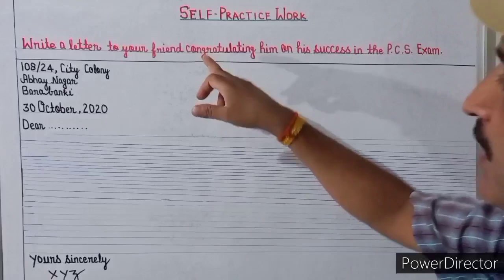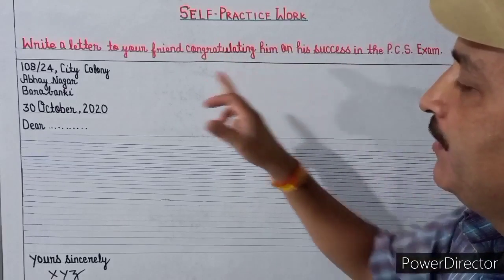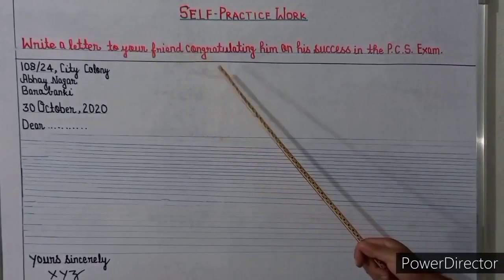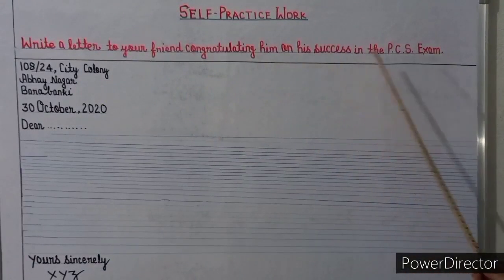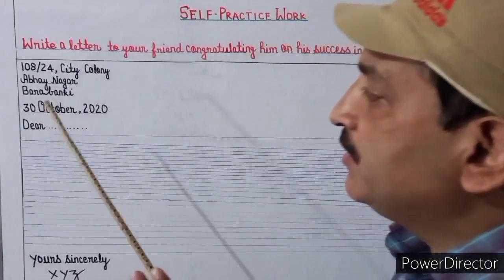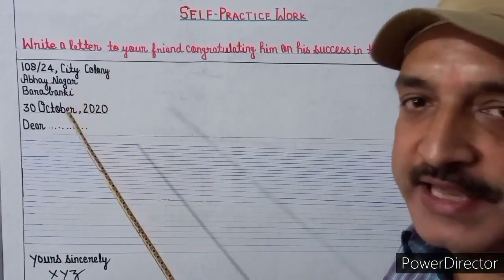In the question, the address is not given. It is simply written, write a letter to your friend congratulating him on his success in the PCS exam. Therefore, you can choose any address you like.